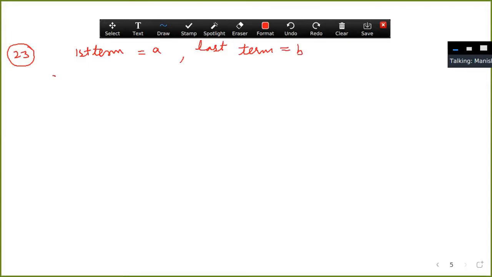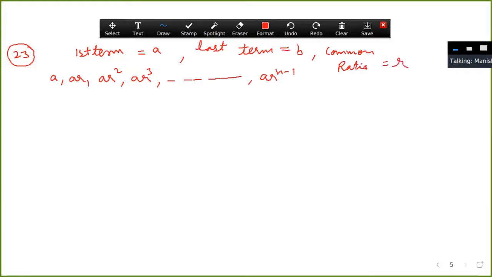The GP will be a, ar, ar square, ar cube, and so on, up to n terms, ar to the power n minus 1. The common ratio for this GP will be equal to small r.